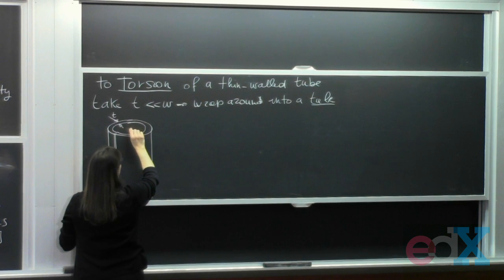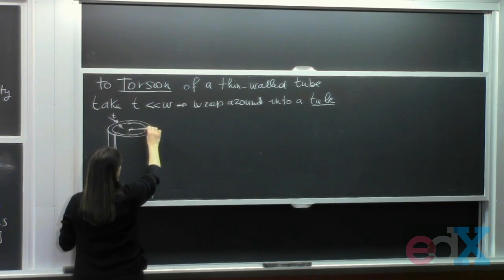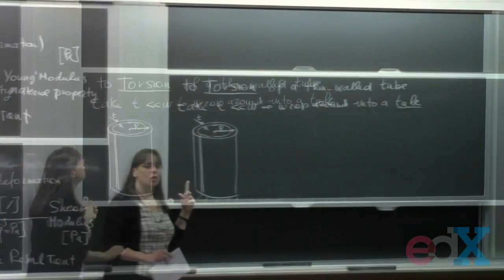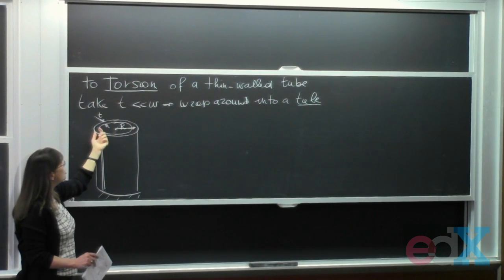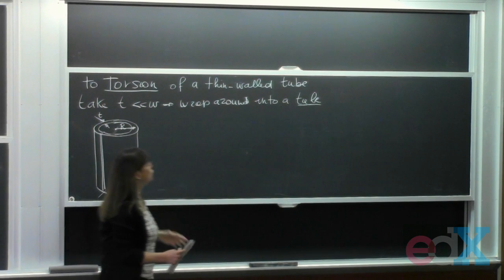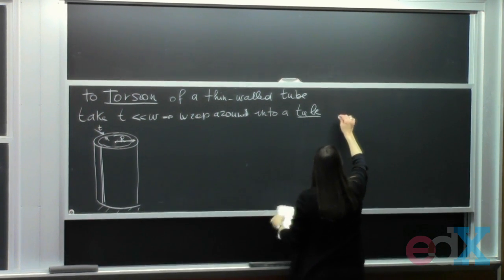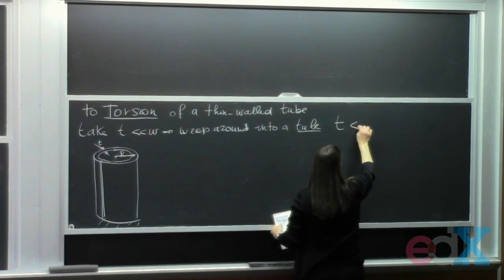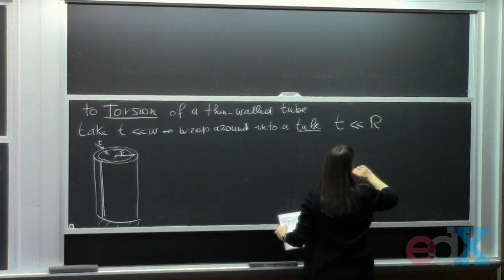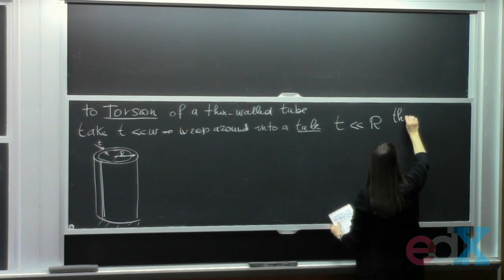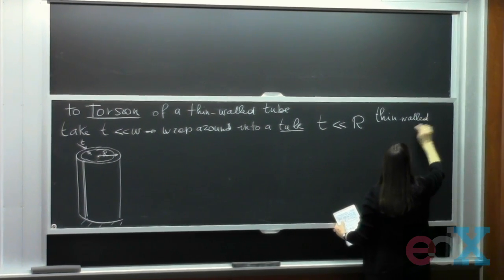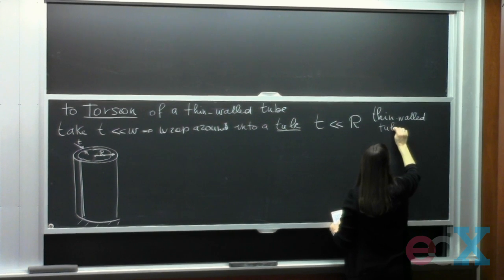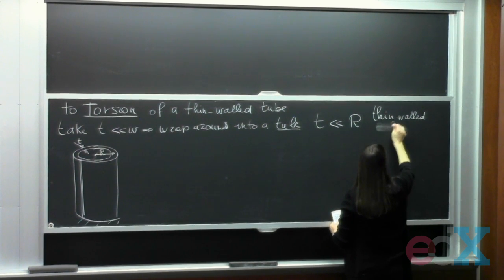Let's say that the radius of this tube is R. So if the thickness of the sheet was much smaller than the length of the sheet, then it's also true that the thickness of the tube is much less than the radius of the tube. This is called a thin wall tube, or a thin-walled shaft.